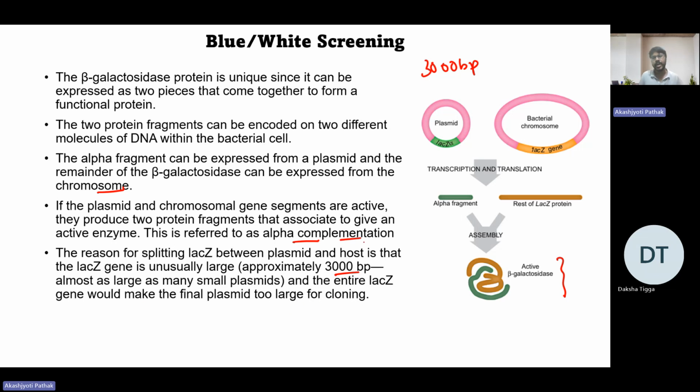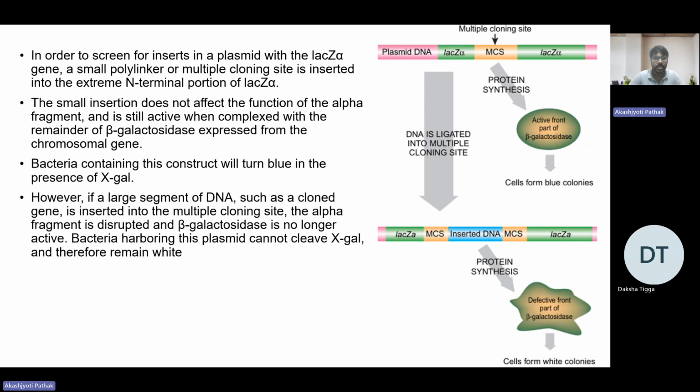That is why it has been broken into two fragments. The first part, lacZ alpha, is cloned separately, and the remaining part of the gene is cloned separately. LacZ alpha will code for the alpha fragment, and the other will code for the rest of the lacZ protein. You can see this in the figure also.